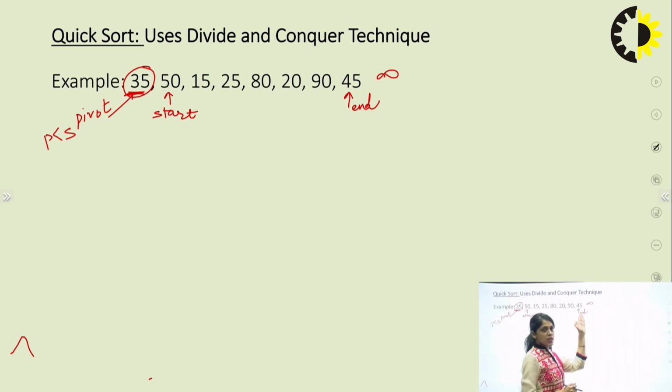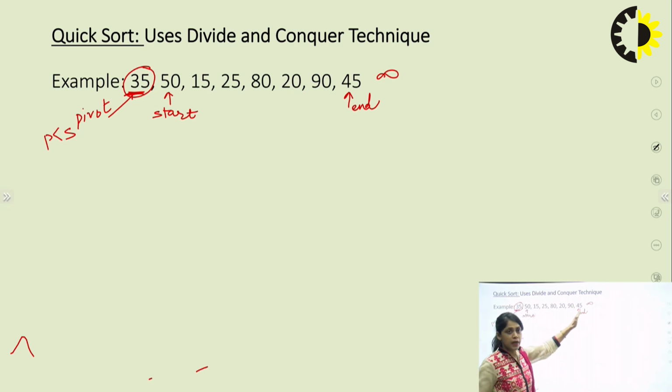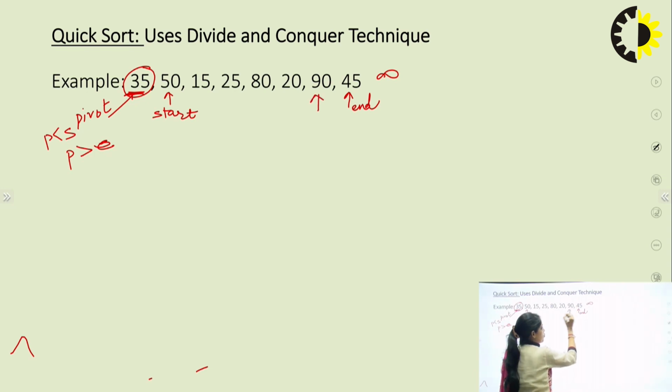Now, let's start with the end. Over here, end is 45. We need to check whether the element at the end position is smaller than the pivot or not. 45, is it smaller than 35? Now I am comparing the pivot and the end. The end element should be smaller. This is larger, so we will move forward.